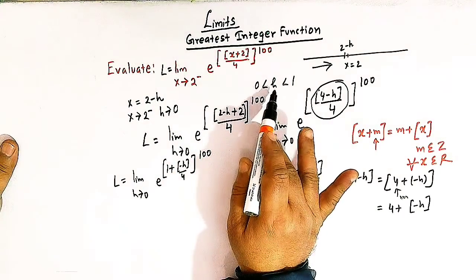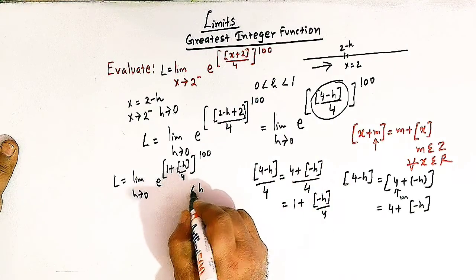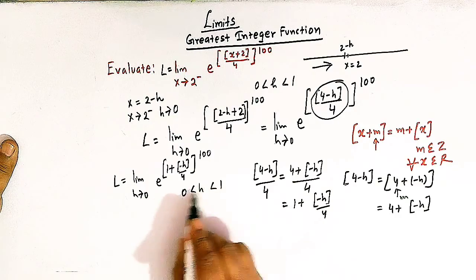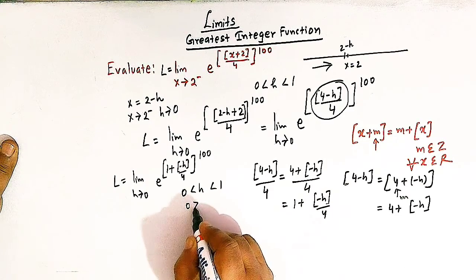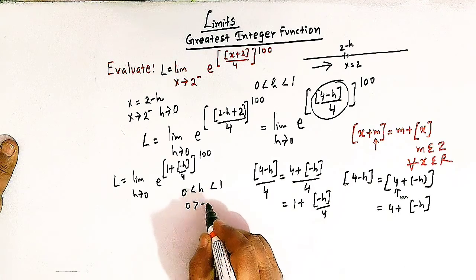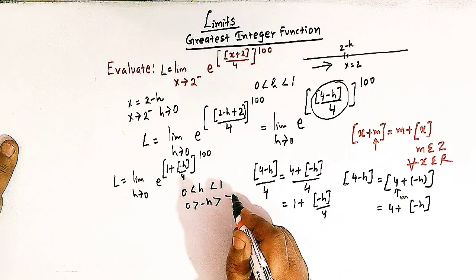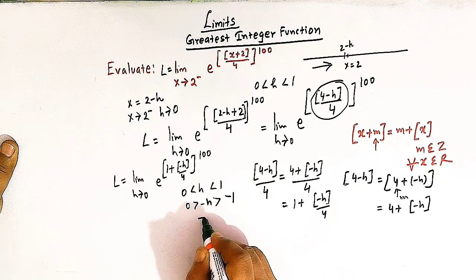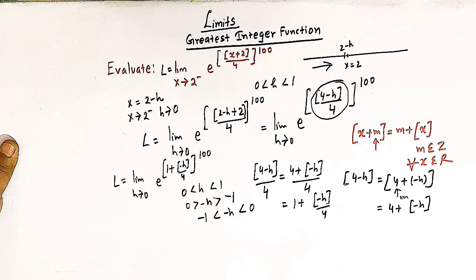Now we know that h lies between 0 and 1. If we multiply throughout by minus 1, the direction of the inequality gets reversed. So we have minus h between minus 1 and 0.